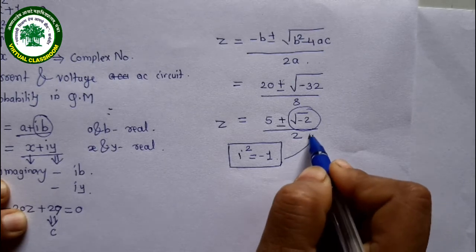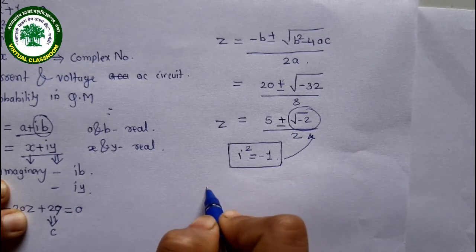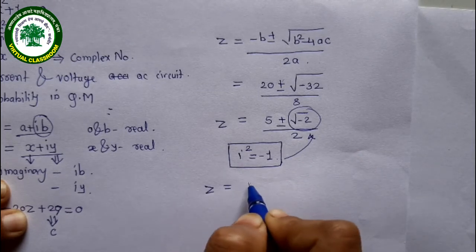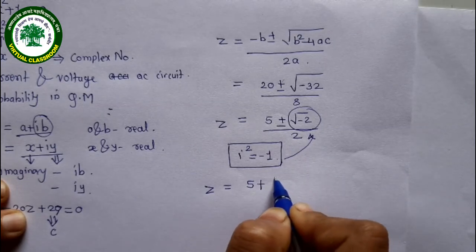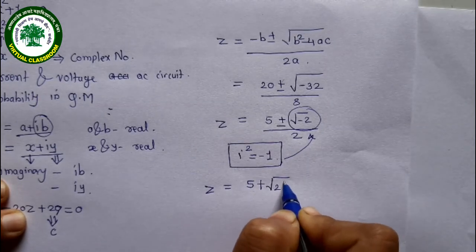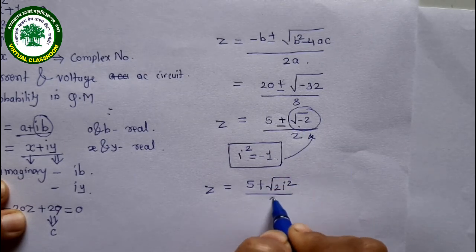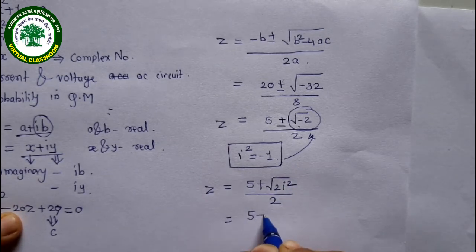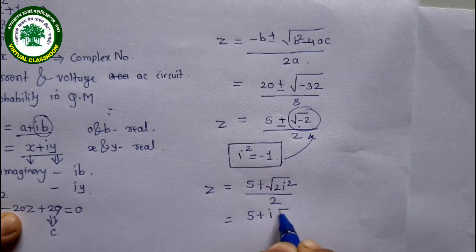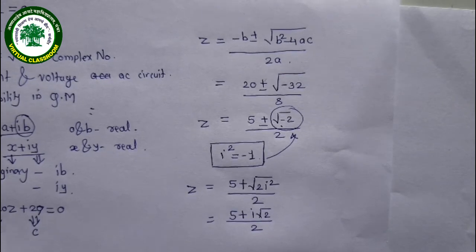So in this example, to get the value of z, the first root for the plus sign will be 5 plus square root of 2 into i square. At the place of the negative sign, we have written i square, upon 2. By solving it further, we have 5 plus i square root 2 upon 2. This is the first solution, or we can say the root.